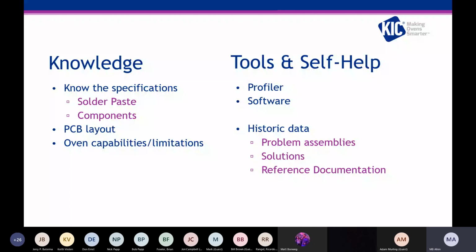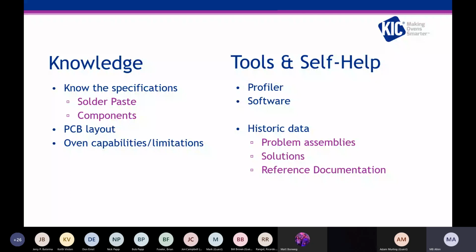So one of the things that I find to be very helpful is customers that take the time and document what they've gone through, how they've rectified the problem, so that if the problem arises again, it's available to anyone in the factory. And it really also relates to similar types of assemblies, because while you may have had the problem on product ABC, when you run DEF, you may have a similar problem, and you could reduce the amount of time trying to find a solution by having that information available.